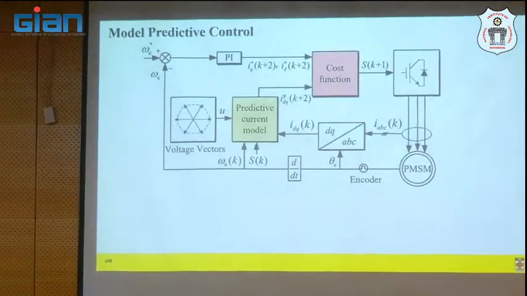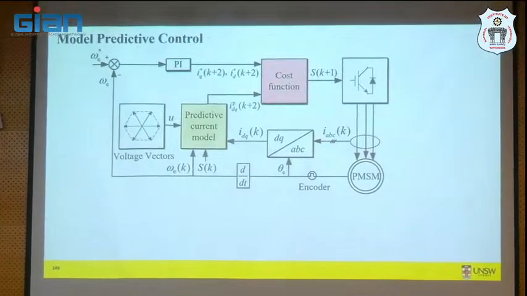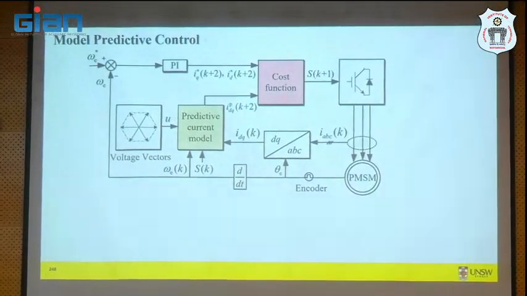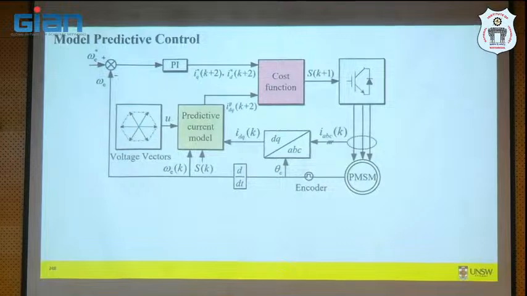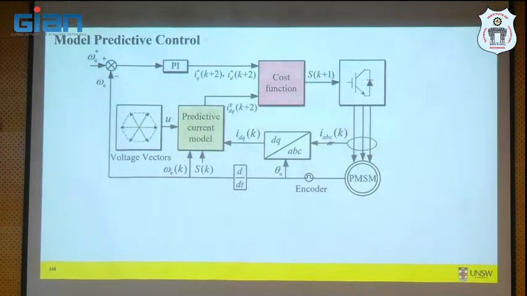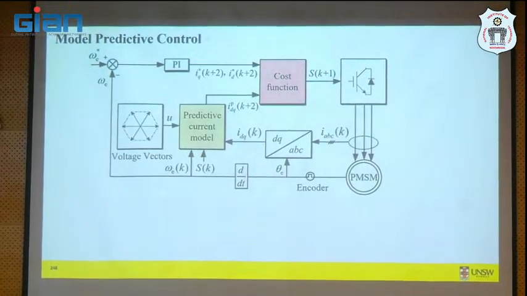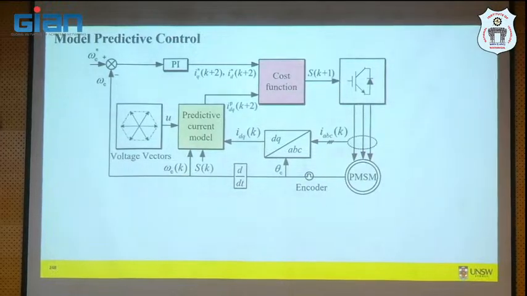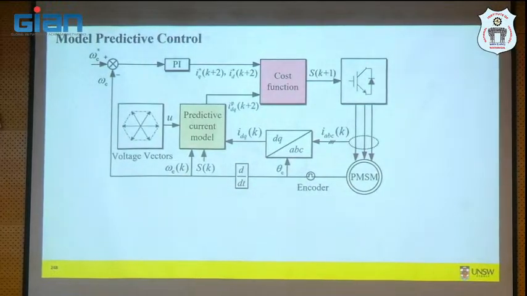And the last one we will be talking about tomorrow is the model predictive control. Okay, model predictive control is kind of new for PMSM. In this type of technique, current is predicted, and using this predicted current, the switching signals are generated based on a cost function.